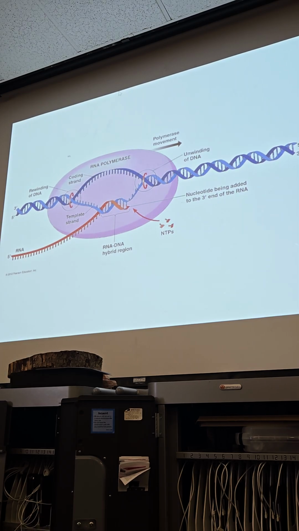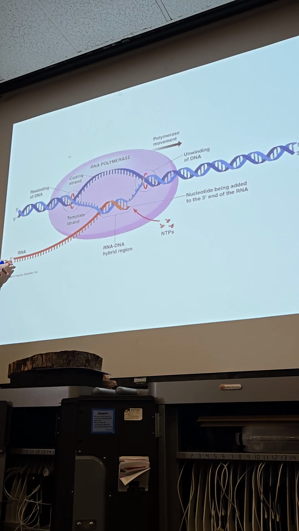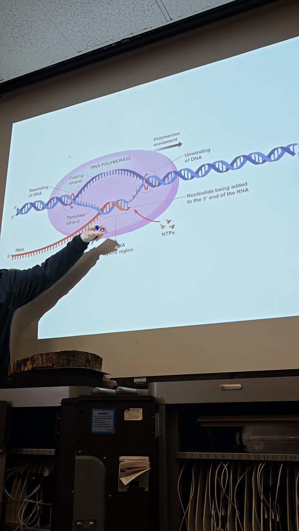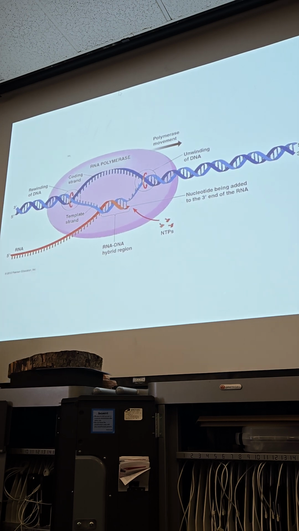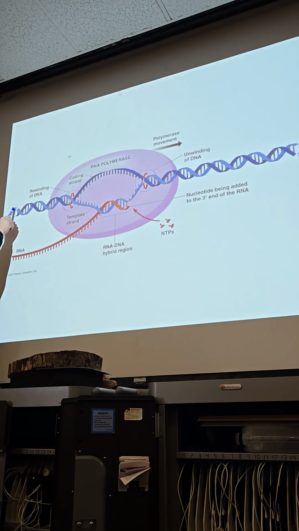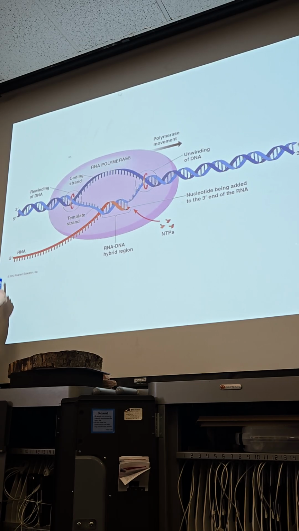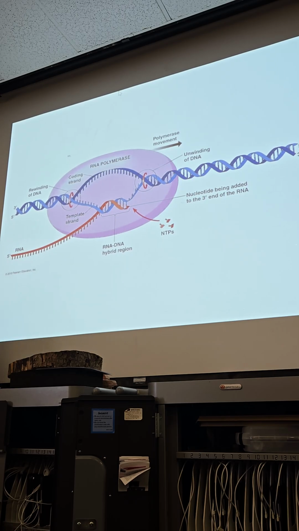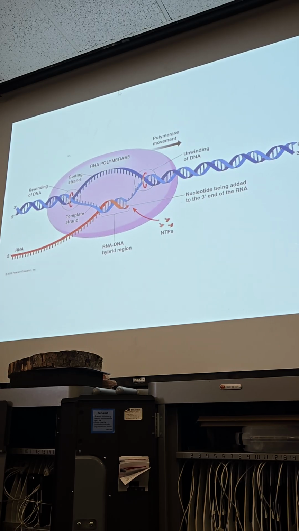So, DNA has orientations. I have a 5' end and I have a 3' end. Look at this. That's the light blue, that is 3' end. That lines up complementary to 5'.